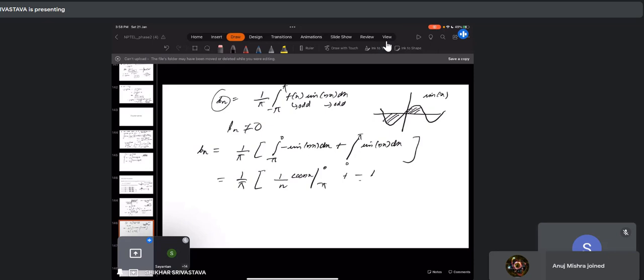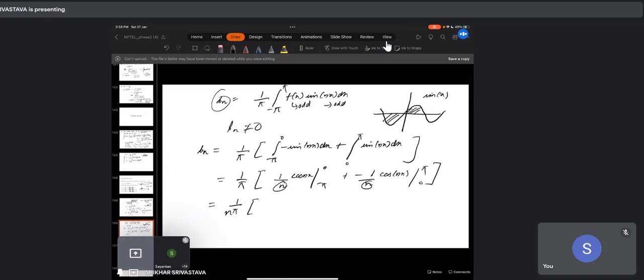This will be minus of 1 by n cos of nx, from pi to 0. Now just put the values of the limits, taking n common from both. So it will become cos of 0, which is 1, minus cos of n pi. And this will become minus of cos of n pi, and cos of 0 is 1, minus minus plus, so it will become plus.